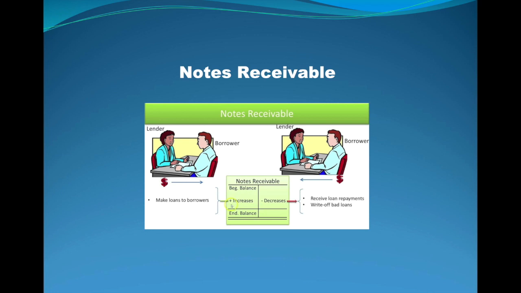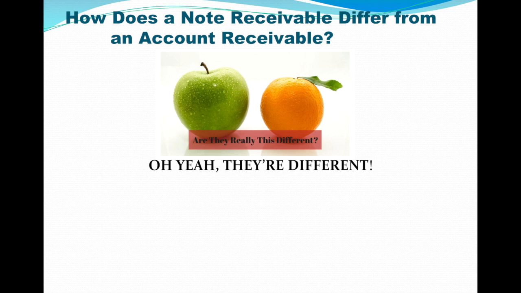So we are going to be talking about notes receivable now. Accounts receivable and notes receivable, in principle, accomplish pretty much the same thing in that they're both payments made on a delayed schedule. There are three main differences between them.